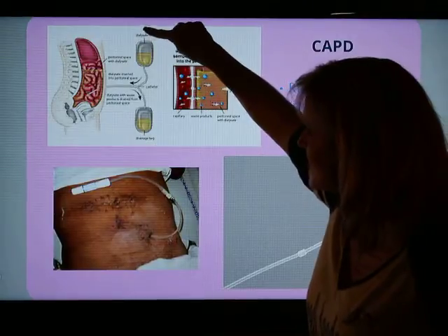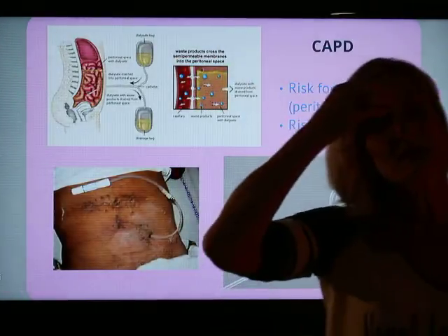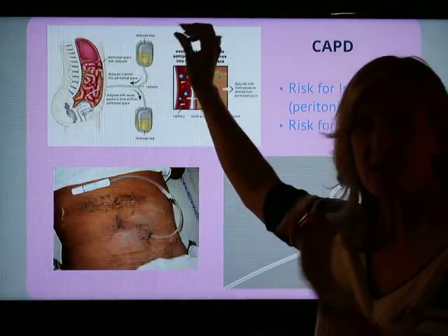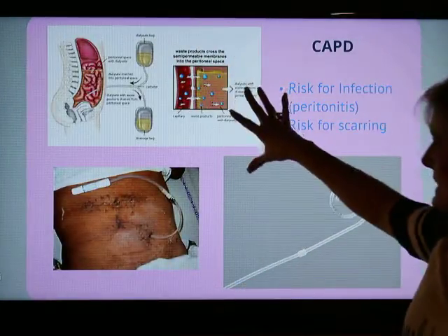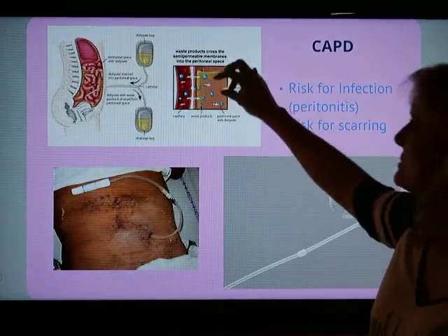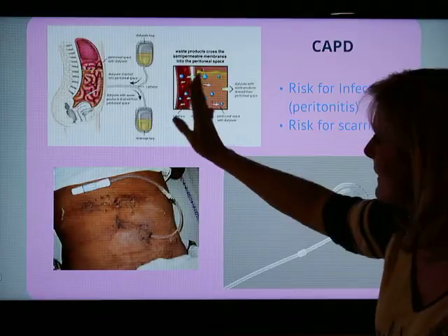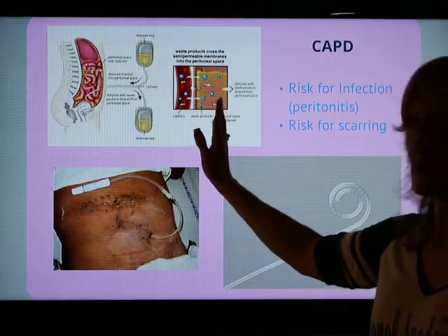So this is the dialysate, and what they'll do is the nephrologist will figure out what should be in the dialysate, and it's all based on osmosis. So they'll put stuff in here that has a lower concentration.